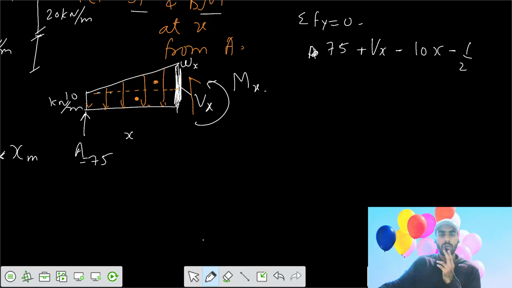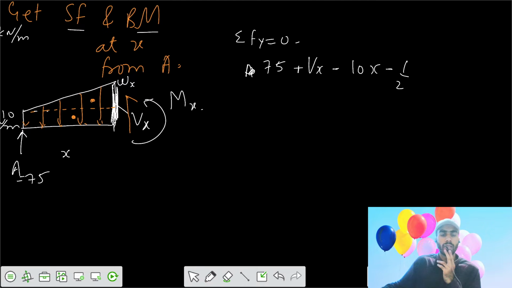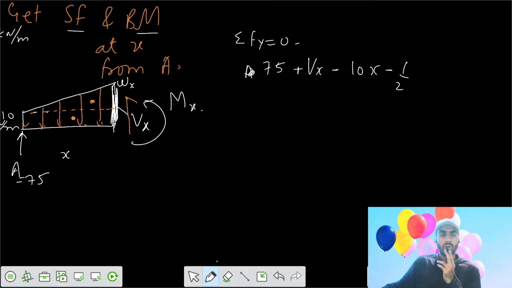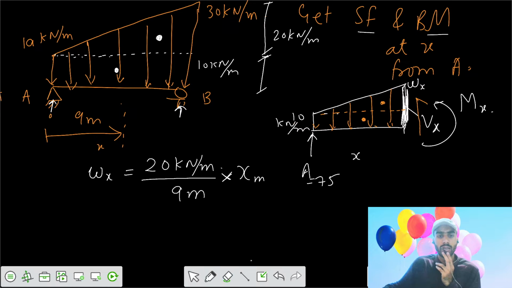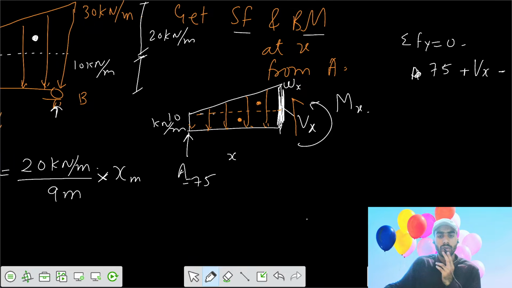Half of the intensity here is Wx total, but see, the error here is that we got the variation for the triangular part only. This is for the triangular part, that Wx. So there is also a rectangular part here. So let's erase this.